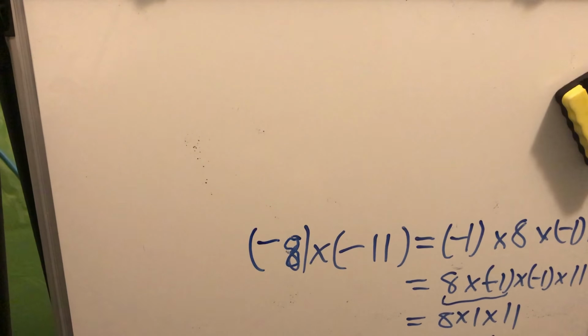The distributive law says that when you multiply two numbers, if you add two numbers and multiply, it's the same as multiplying them separately and then adding them.